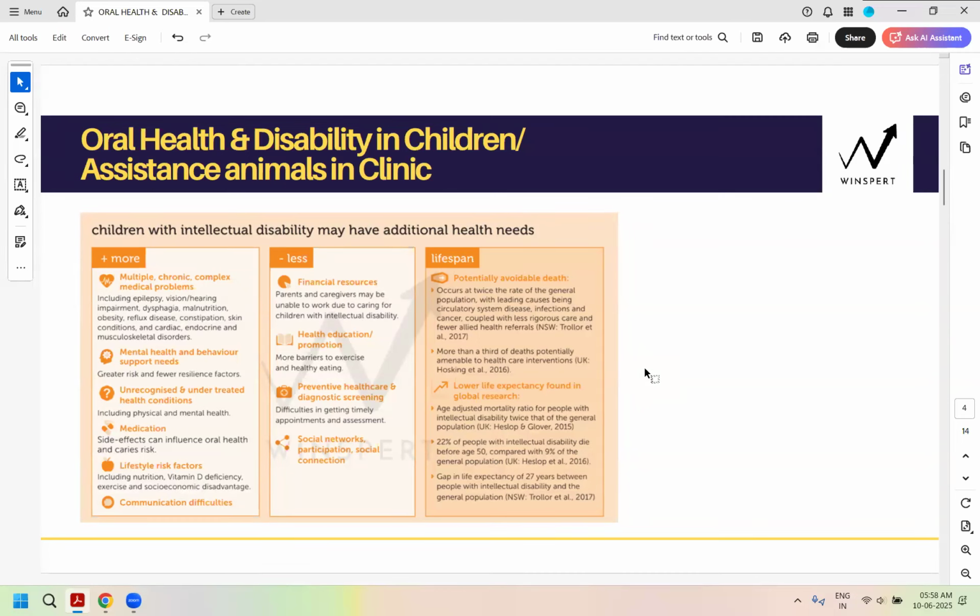Your role is identifying the drugs, identifying the medical conditions which they are already aware of, and also focus on identifying the unrecognized medical conditions, the lifestyle challenges, the nutritional disorders. Everything has to be assessed, and information should be gathered when you're collecting history for such patients.